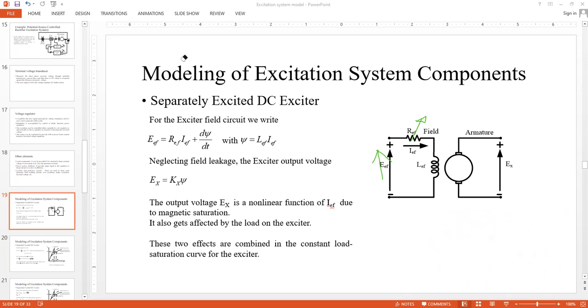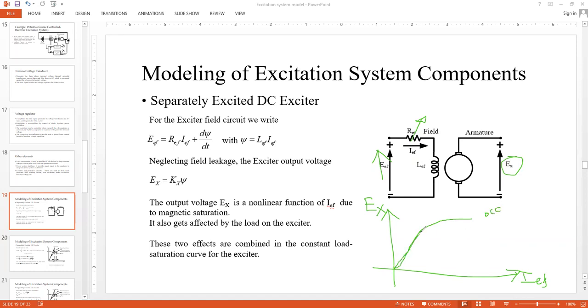Besides this, there is another effect. As we know, once you are loading the generator, if I draw the OCC again, instead of drawing I versus phi, I would like to draw I versus E. So this is IEF, the field current, and the output voltage here is EX, the induced EMF, which is of course some function of phi. This is OCC, the open circuit characteristics.